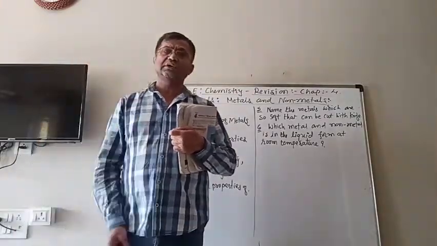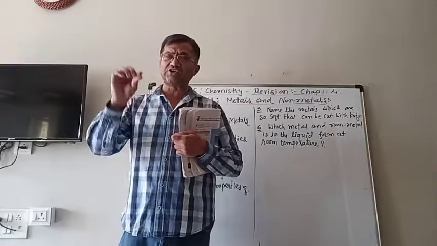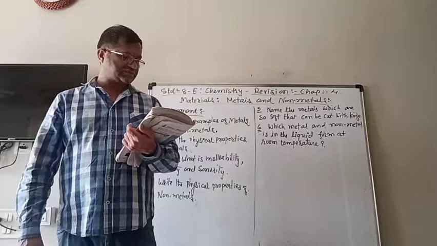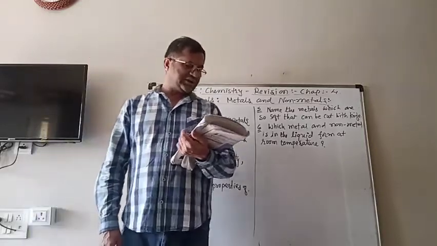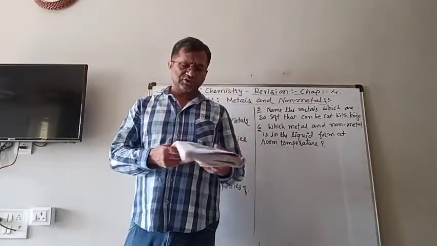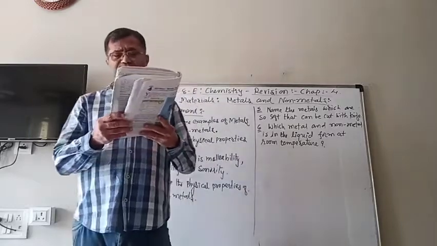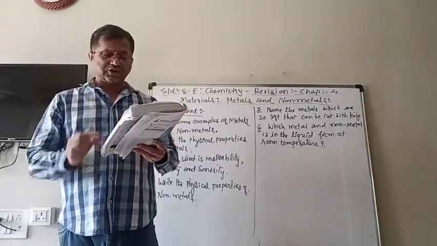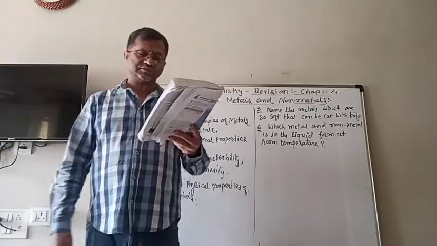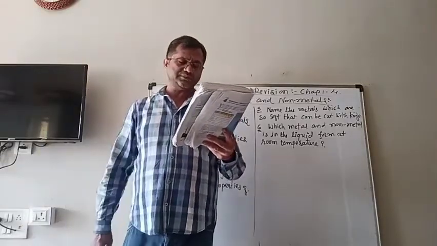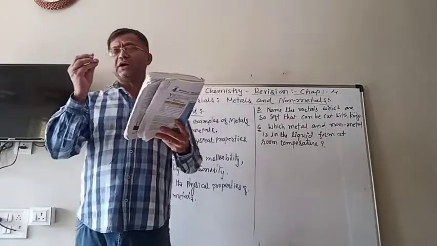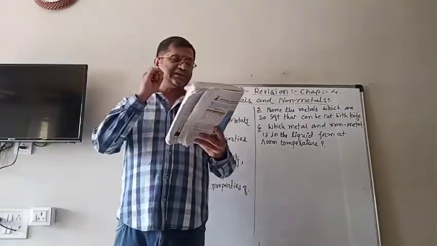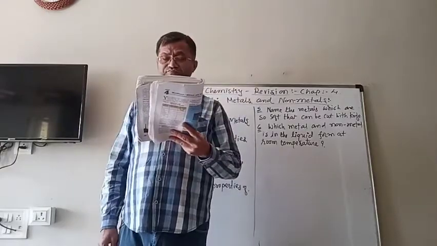Similarly, gold and silver wires are used to make ornaments and jewelry. The property of metal by which it can be drawn into wires is called ductility. So the metals are malleable, and metals are ductile also.